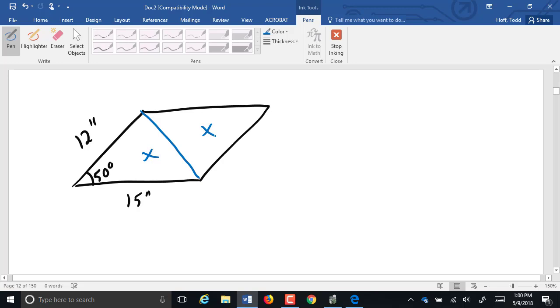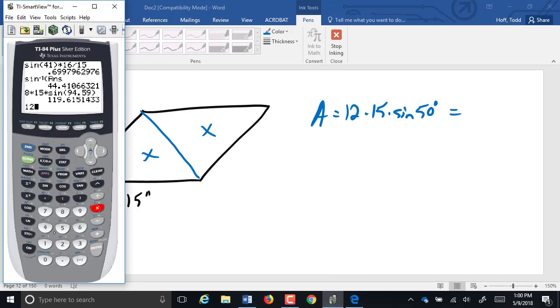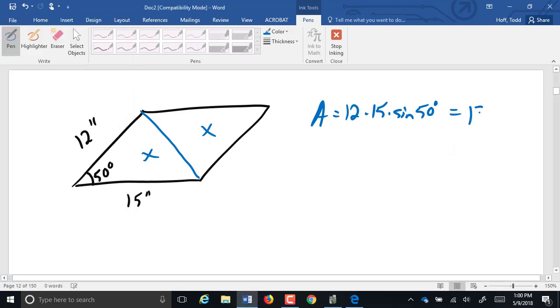I can draw it because it's a parallelogram. So the area here would just be 12 times 15 times the sine of 50. And I don't need to divide by 2. I could divide by 2 and then multiply by 2, but it kind of cancels out, doesn't it? So 137.89. That's inches squared.